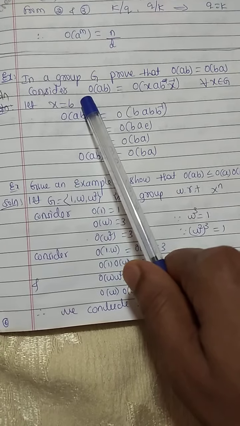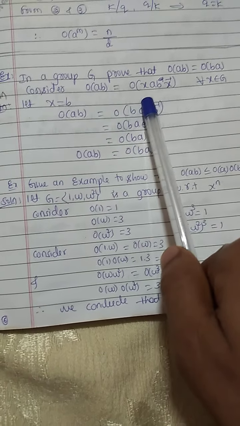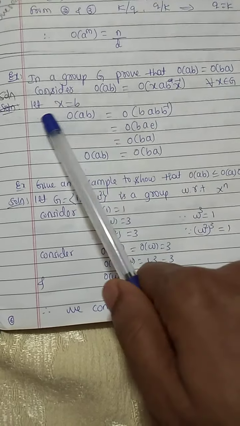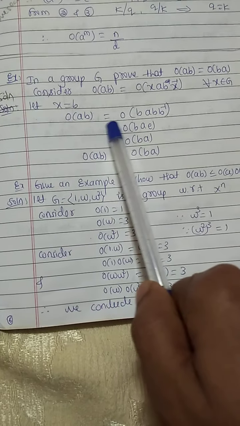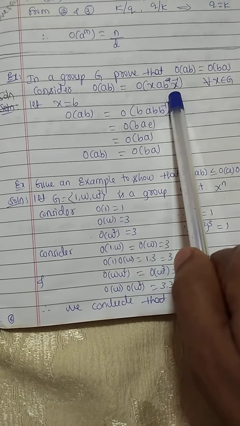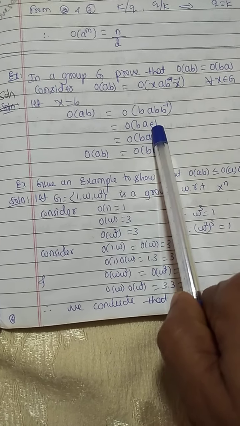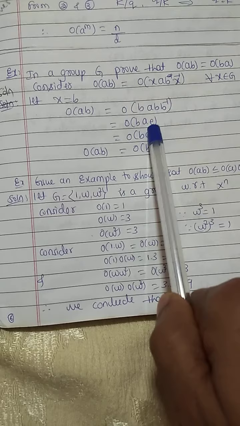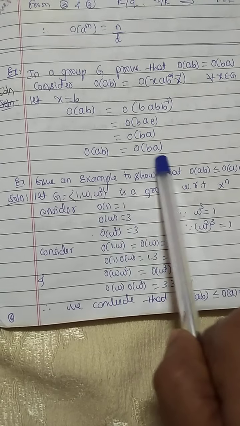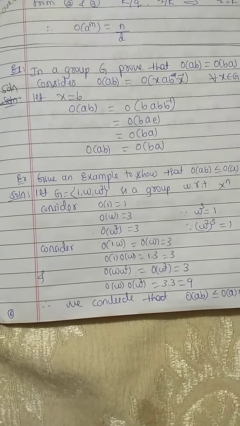Similarly, order of AB equals order of X AB X inverse. Let X equals B. Order of AB becomes order of B AB B inverse. B B inverse is E, so we get BA. Order of AB equals order of BA.